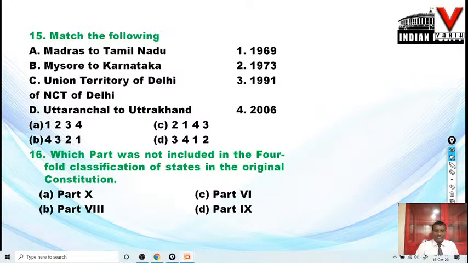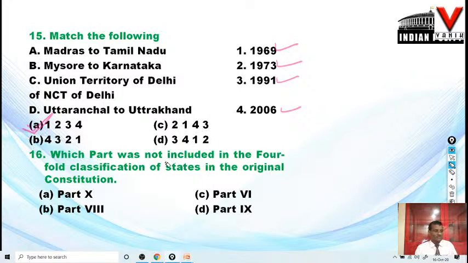Madras to Tamil Nadu, 1969. Mysore to Karnataka, 1973. So all are right. Madras to Tamil Nadu, 1969, that is right. Mysore to Karnataka, 1973, that is also right. 1973 is right. 1969 is right, by the 7th Amendment Act. So the answer is A.